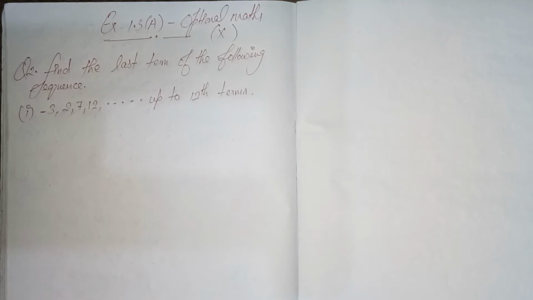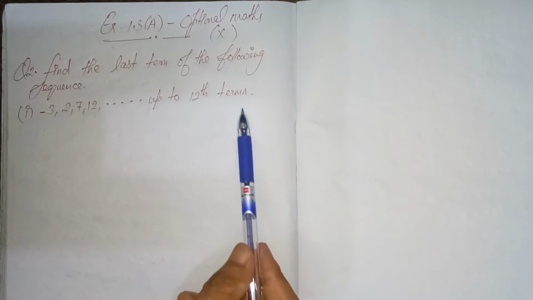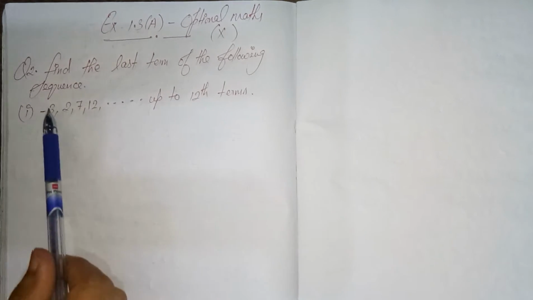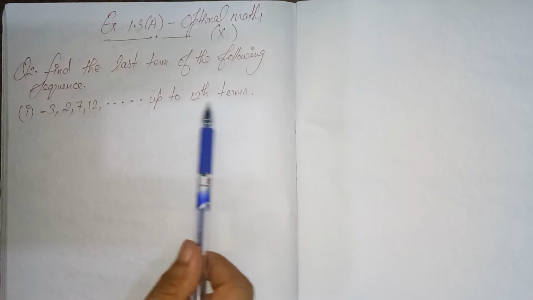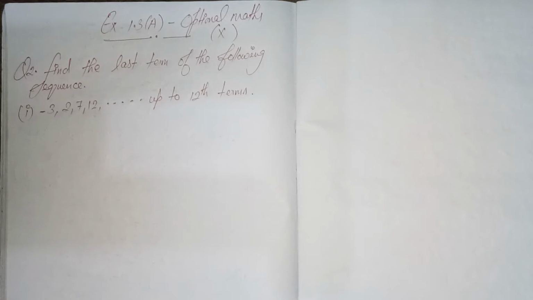Here the last term means the 12th term, because this sequence carries 12 terms in total and the last one is the 12th. So how we solve this type of problem we are going to learn in this video.